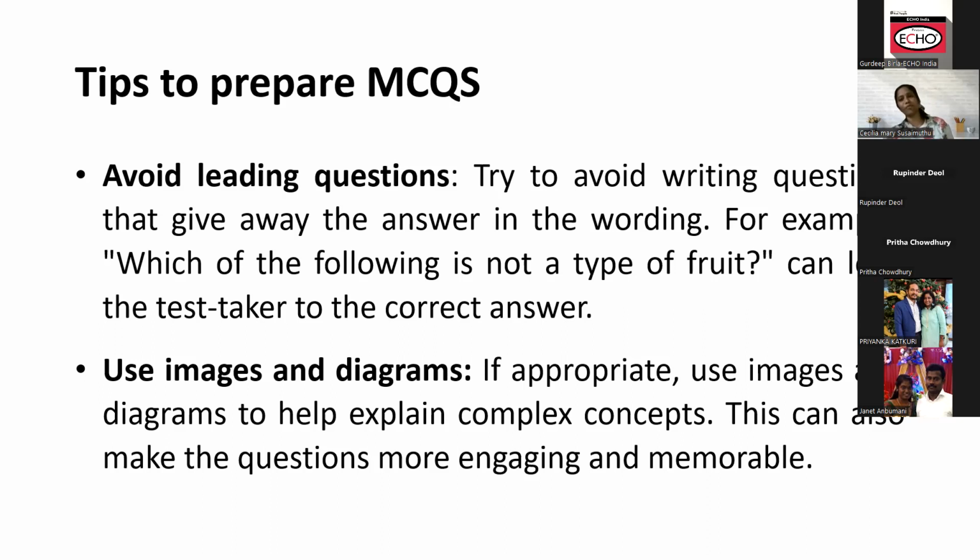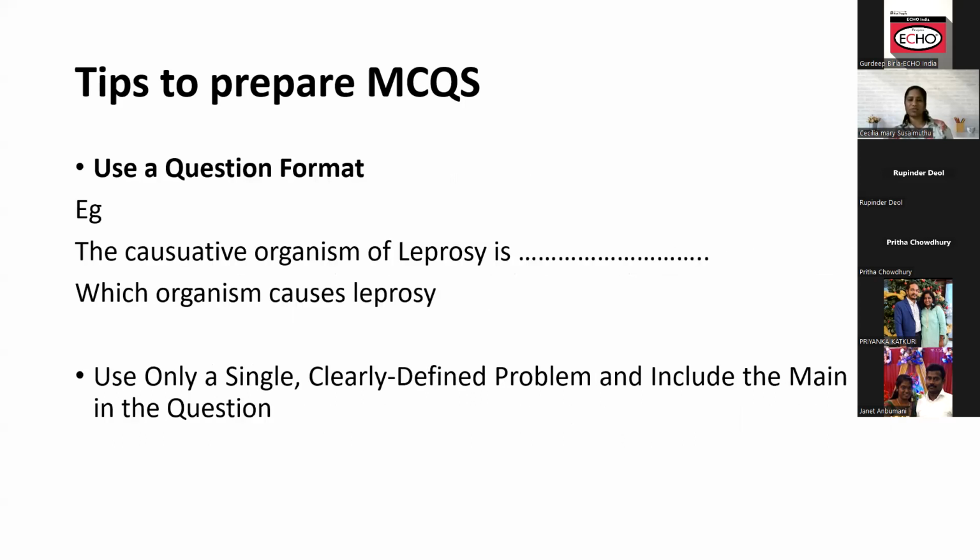That will be more appropriate for the student. Or the type of stool that comes in hyperbilirubinemia. If you put a picture, then the student will be able to answer. So wherever images and diagrams are required, they should be used, so that it makes the question more engaging for the students.